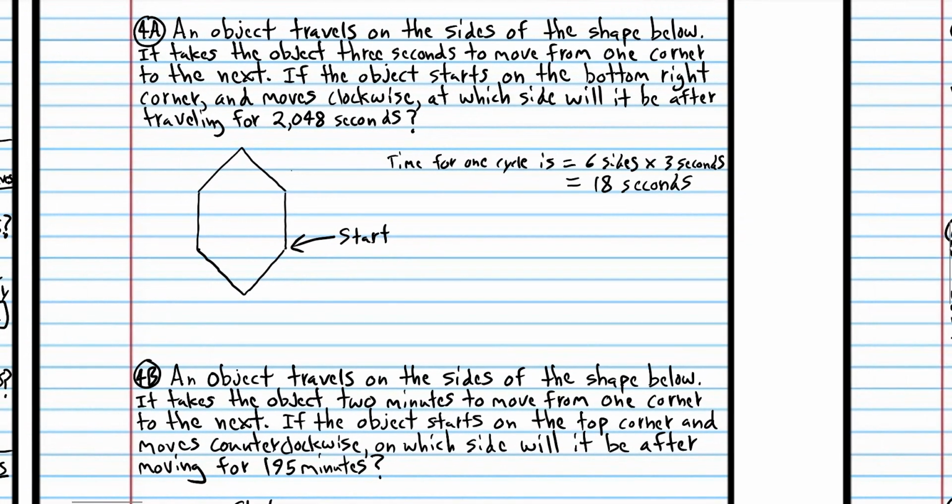So this problem, again, it seems difficult, but we have to figure out how many times 18 goes into 2048. So that's a division problem. And really what we're asking is what is the remainder? That's what we're looking for. This is a remainder problem. 18 doesn't go into 2, but it does go into 20 one time. I'm just going to do this quickly.